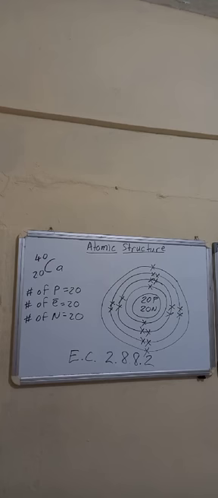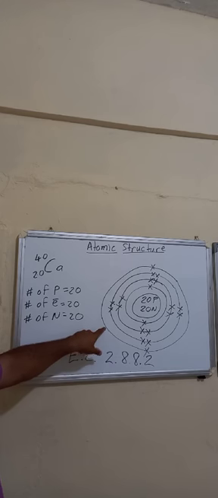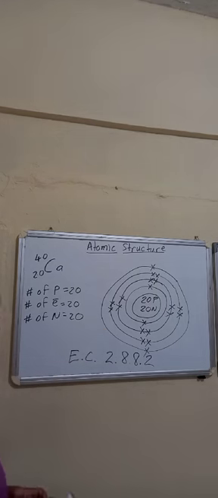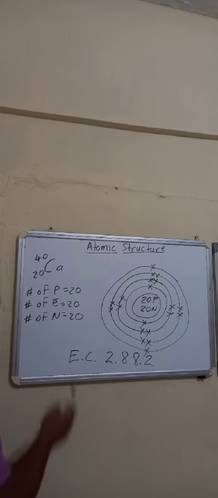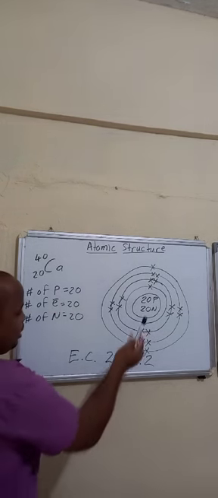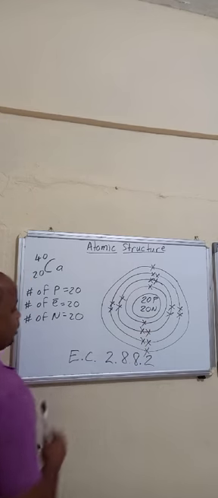And for CSEC, we're looking at the first 20 elements, so this is the farthest you will go in terms of atomic structure, because calcium is the 20th element. So doing atomic structure is not hard, right? Just calculate the number of neutrons from the mass number and the atomic number and fill out the nucleus.